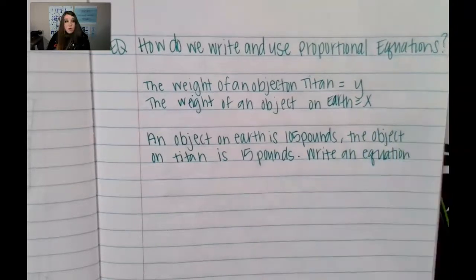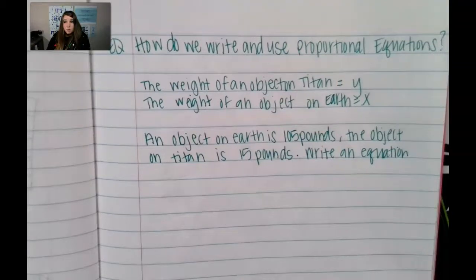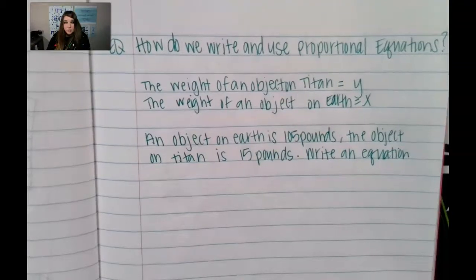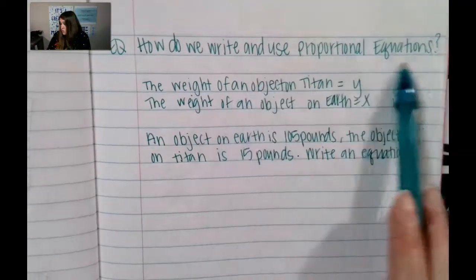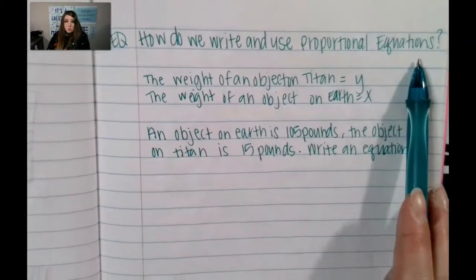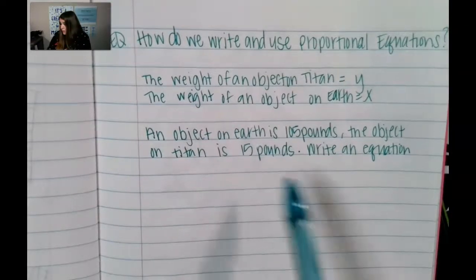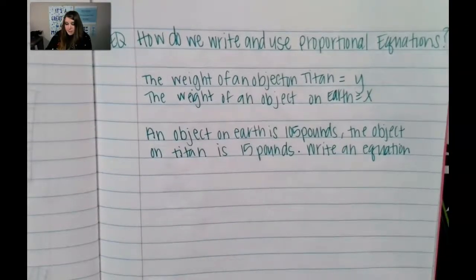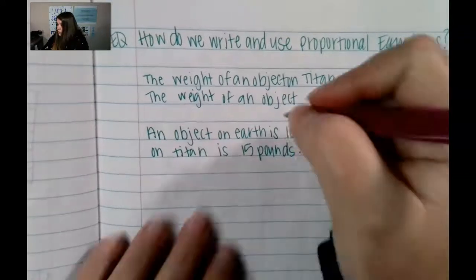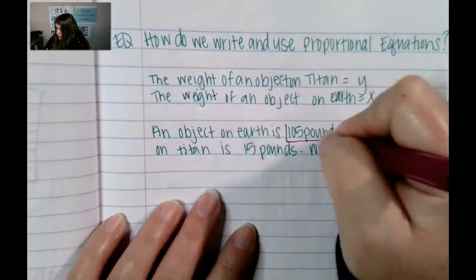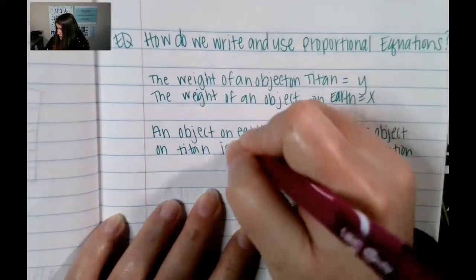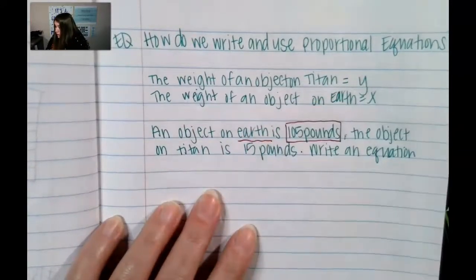And they want us to write an equation that represents this situation that we can use to find the slope. First we're going to use some substitution. It says the object on Earth is 105 pounds.